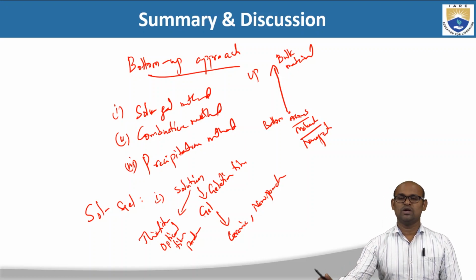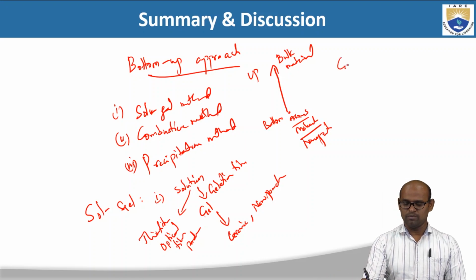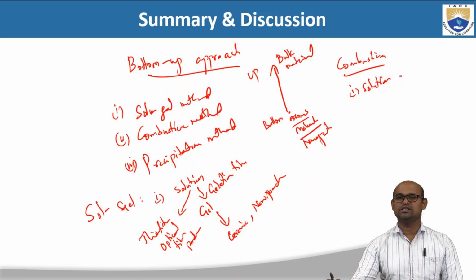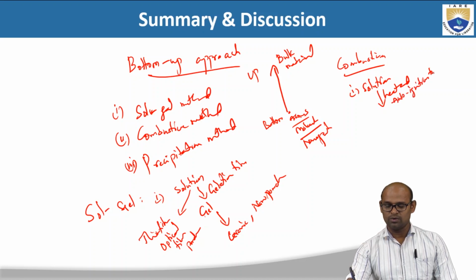The next one is the combustion method, where we first prepare a solution with suitable solvents and solutes. Then this solution is heated to reach auto ignition temperature.